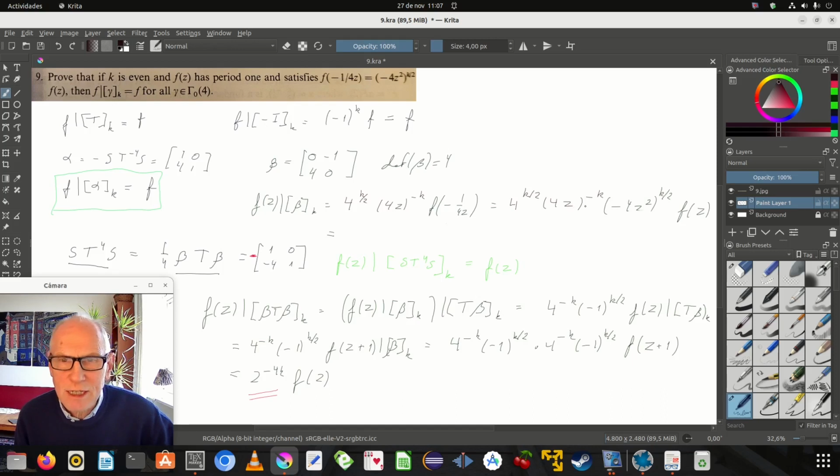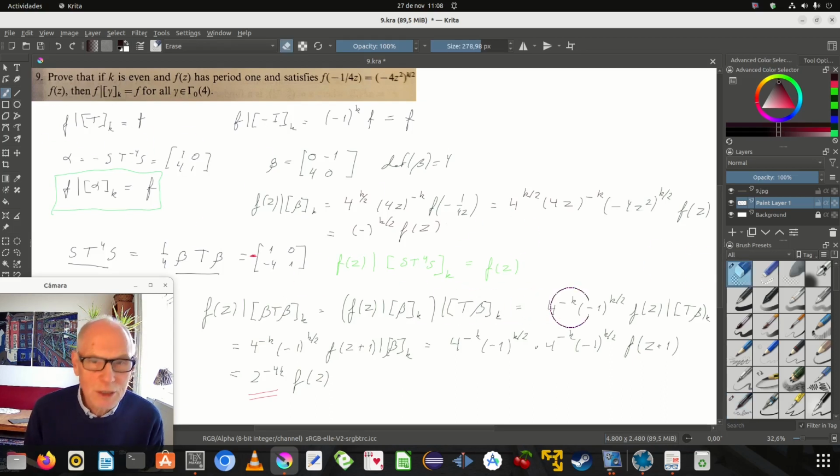Then we have z to minus k, and we have z to k here. So we are left with minus 1 to k halves f of z. That makes stuff much simpler. Minus 1 to k halves.